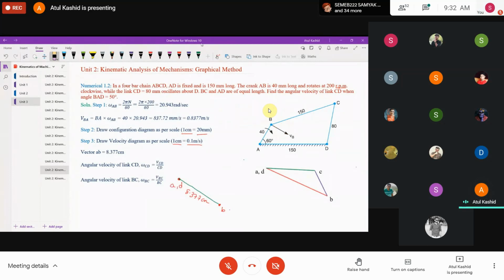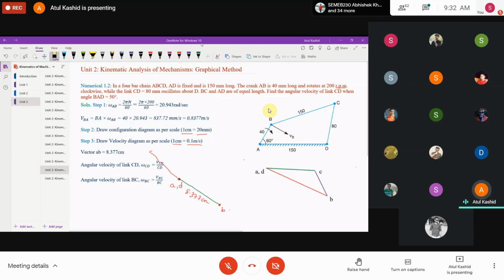Vector AB. First, I have taken the point A, D as a fixed point, and from that I have drawn the velocity, which was as per the scale 8.377 centimeter. I have not drawn the velocity vector in this direction because you can see the direction is in this, because it is moving in the clockwise direction.